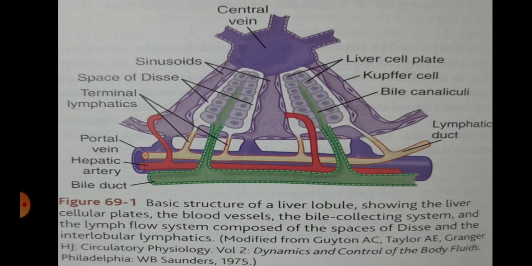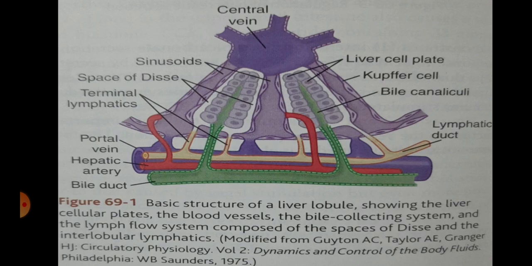is constructed around a central vein that empties into the hepatic veins and then into the vena cava. The lobule itself is composed principally of many liver cellular plates, two of which are shown in figure 69.1, that radiate from the central vein like spokes in a wheel.